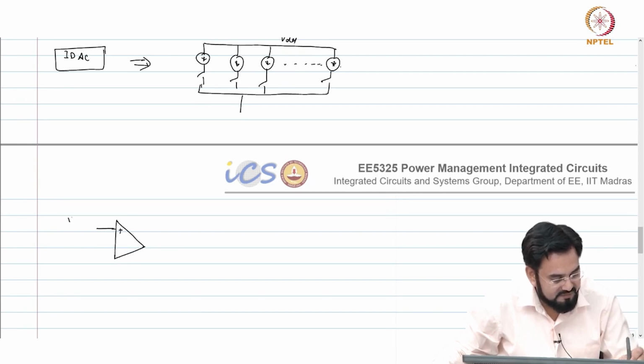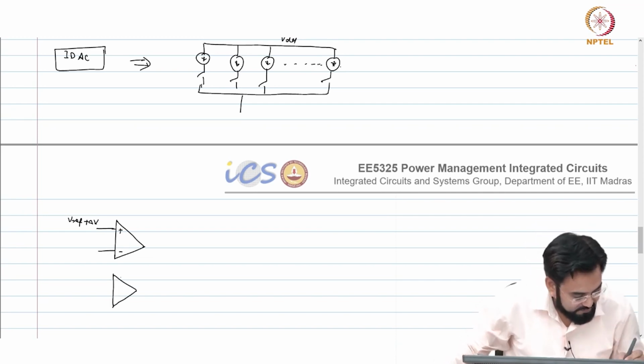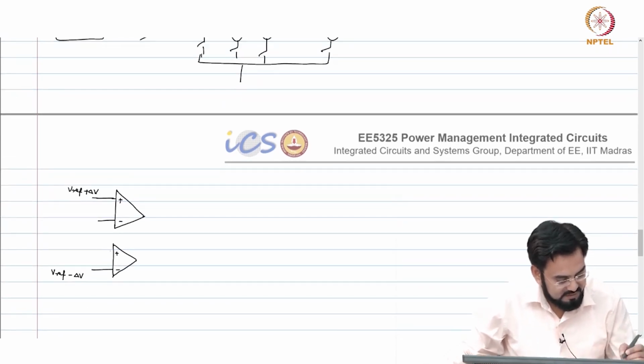so if this is your Vref plus delta V, and then you have Vref minus delta V. This is your VFB.